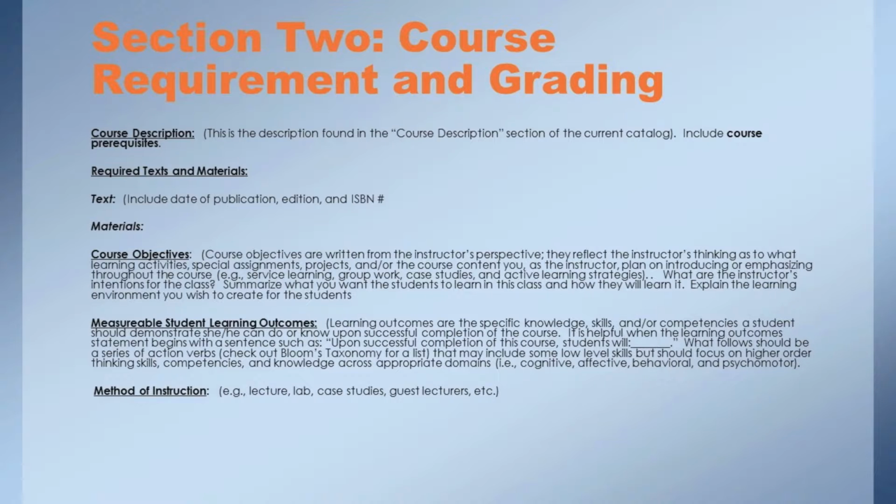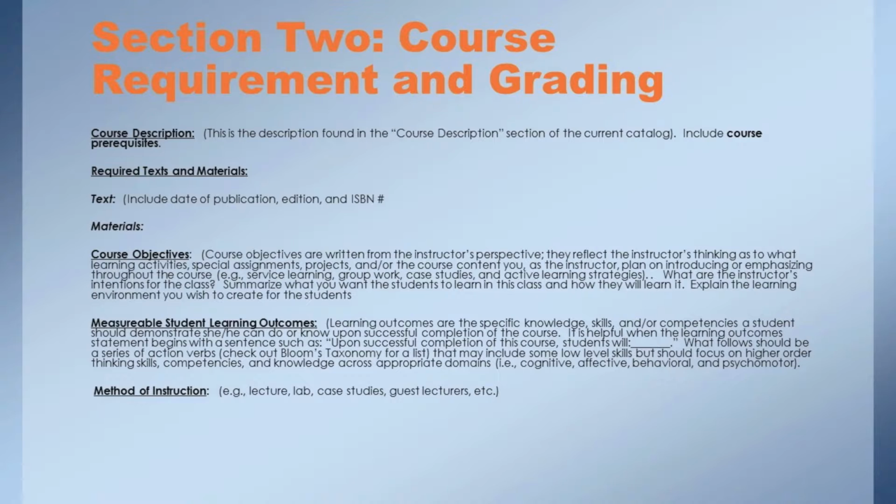You want to tell us the required texts and materials that they'll need, and the text will just be whatever textbook you're using. You'll also want to include any materials. For example, if you were teaching a speech class, maybe you would need your students to have note cards. Then you're going to include your course objectives and measurable student learning outcomes.